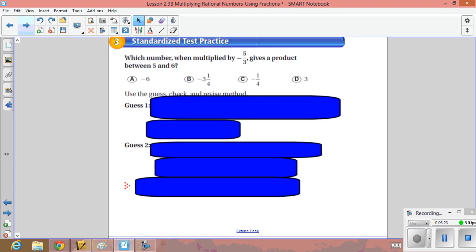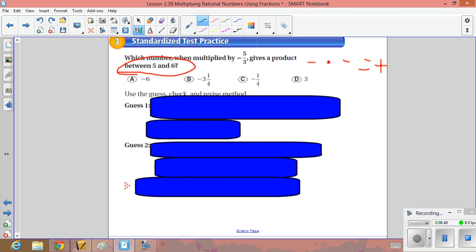The question says, which number, when multiplied by negative 5/3, gives you a product between 5 and 6? So real quick, remember, a negative times a negative equals a positive. Do you notice that the solutions they gave us are between positive 5 and positive 6?